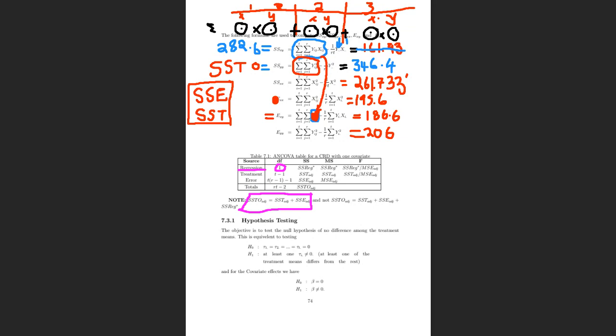So for you to find the degrees of freedom of error, you cannot say RT minus 2 minus the treatment degrees of freedom minus the regression degrees of freedom. To find the degrees of freedom of error, you only involve these two: this degrees of freedom minus this one. You'll be able to find this one.